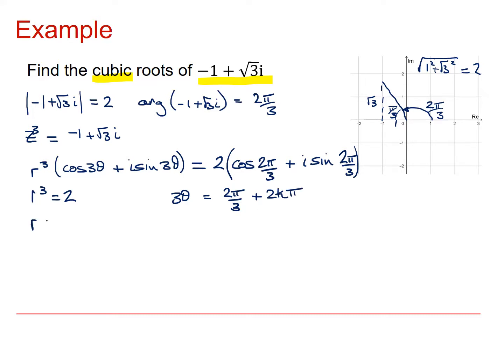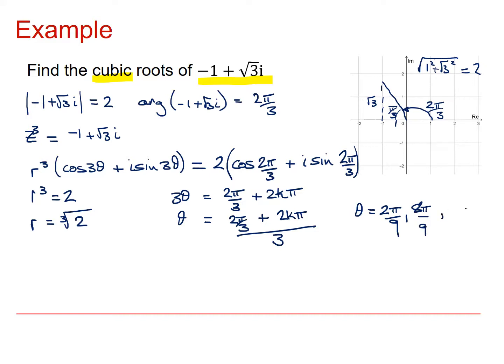So I'm going to get that r is the cube root of 2, and theta is 2 pi by 3 plus 2k pi all over 3. And this means that theta can take values of 2 pi by 9 or 8 pi by 9 or 14 pi by 9.